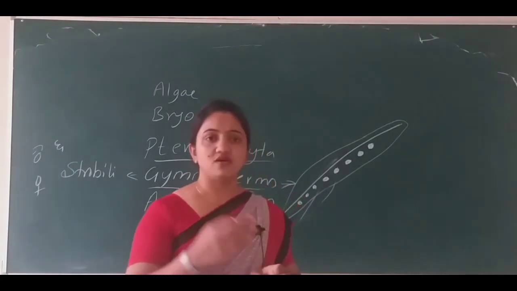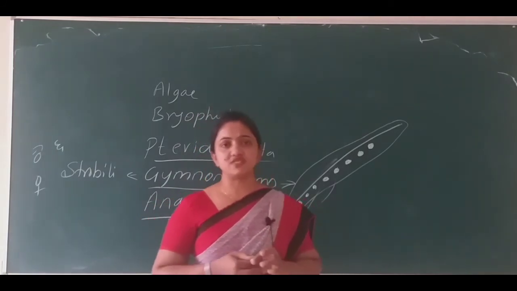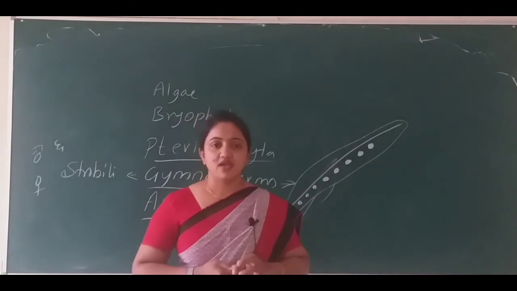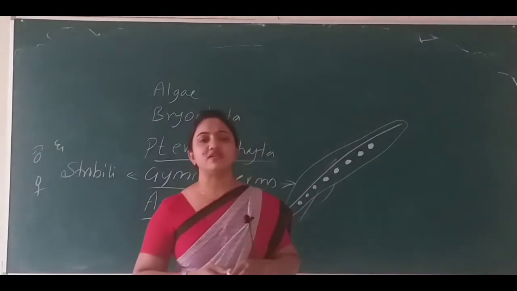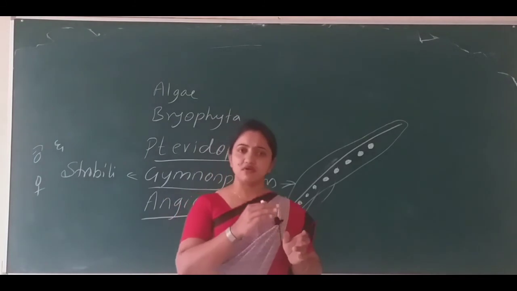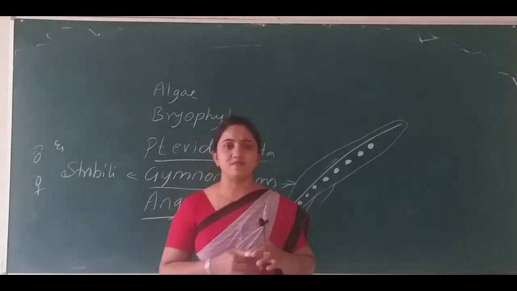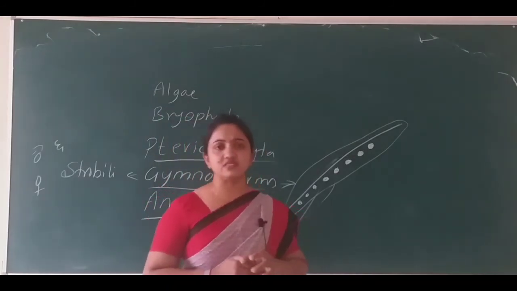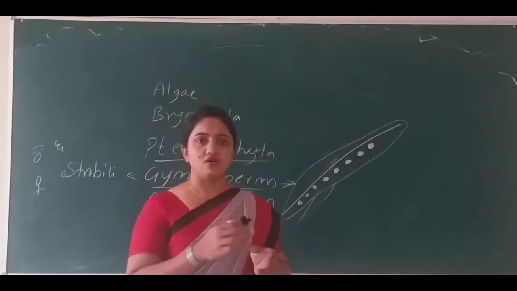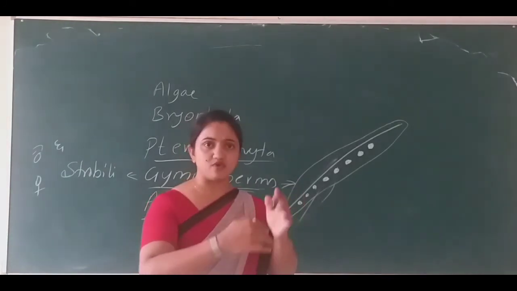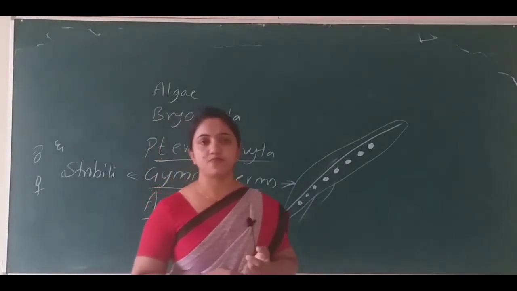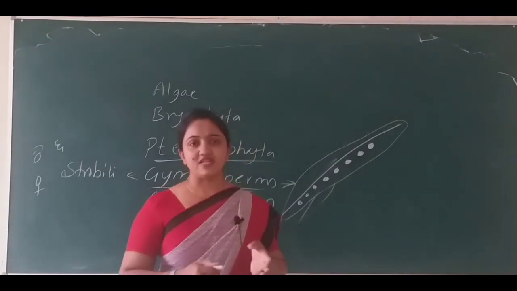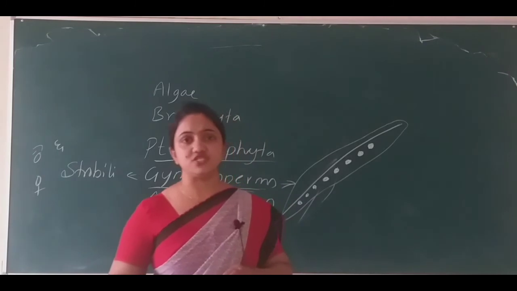And if we talk about Tulsi, a religious plant, it is considered a very important plant. It treats cough, cold, and flu type of diseases. And if we go to the kitchen, we get turmeric and ginger.